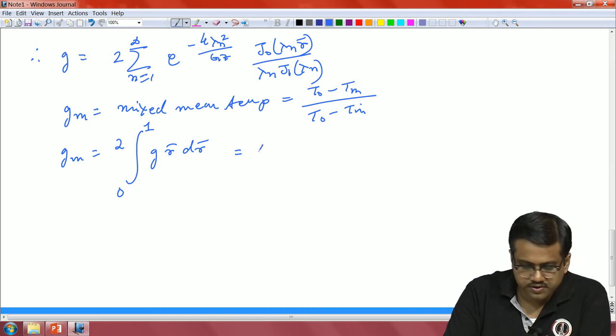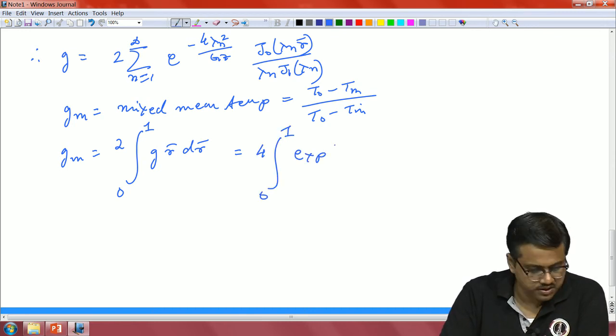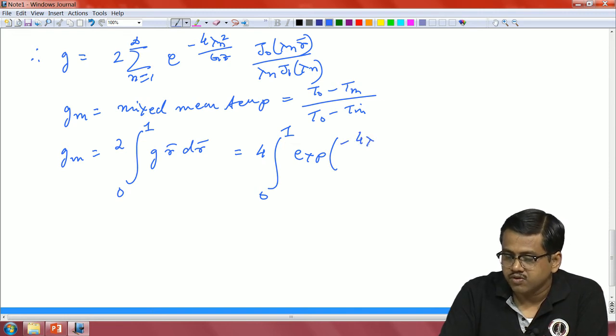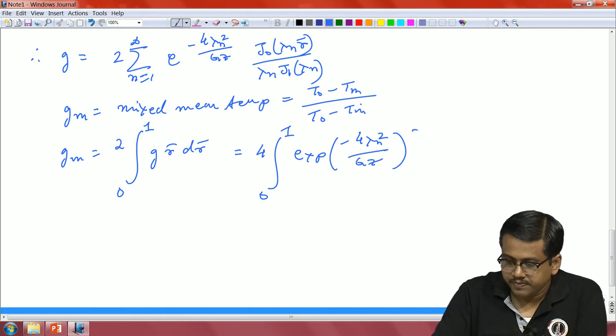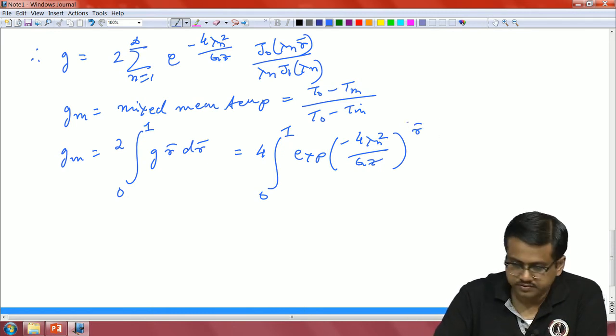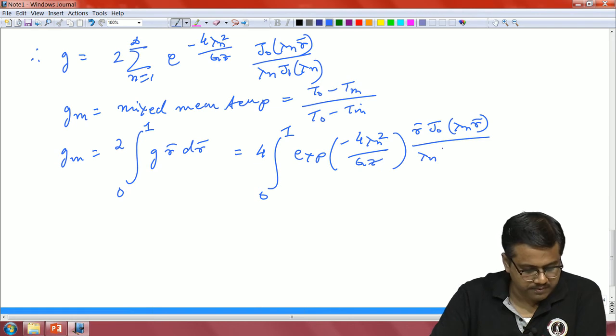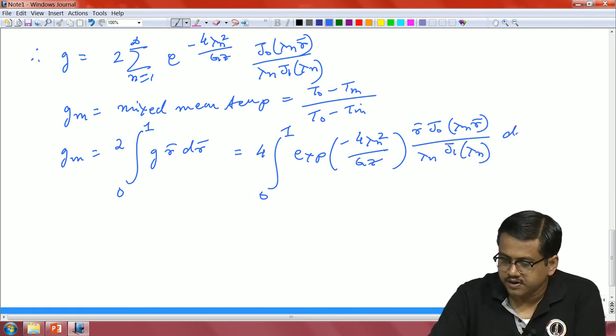So, 4 times the integral from 0 to 1 of exponential of minus 4 lambda n square by Gz R bar, J naught lambda n R bar, lambda n J1 lambda n, dR bar.